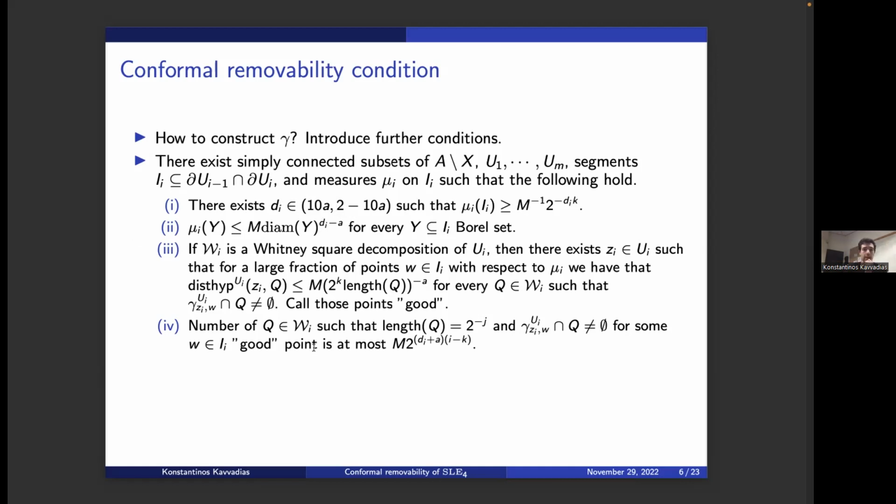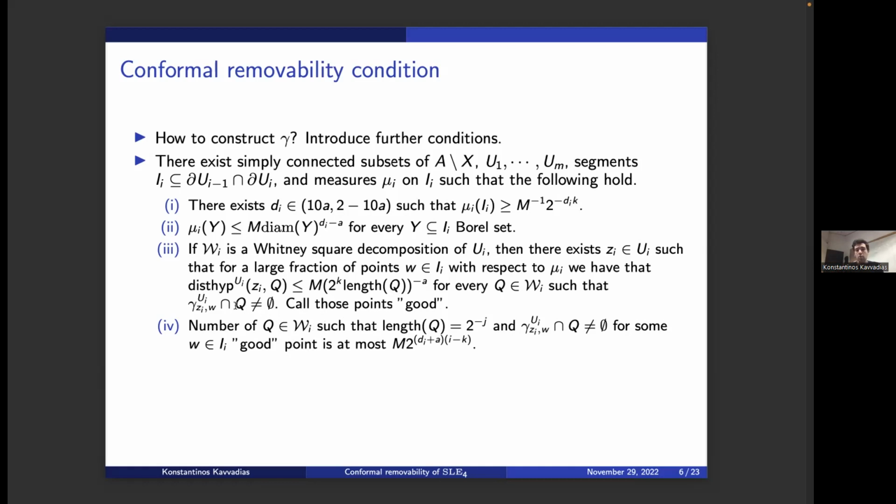Here we consider a Whitney square decomposition W_i of every such set, chosen in some measurable way. I remind that the Whitney decomposition is a family of squares with side length 2 to the minus n for n an integer, such that they are pairwise disjoint and their distance to the boundary is comparable to their diameter, to their size.